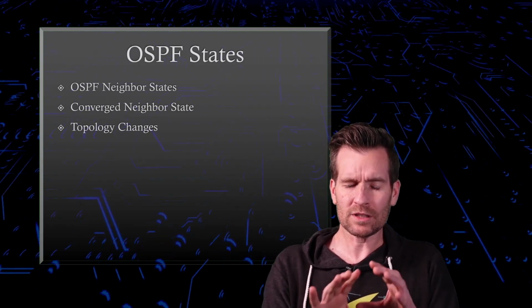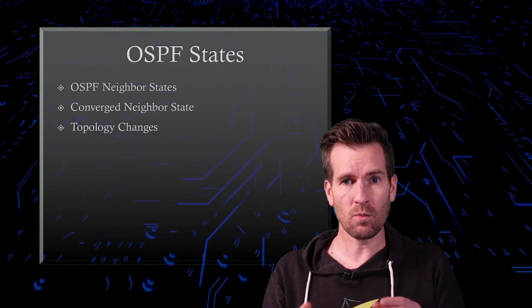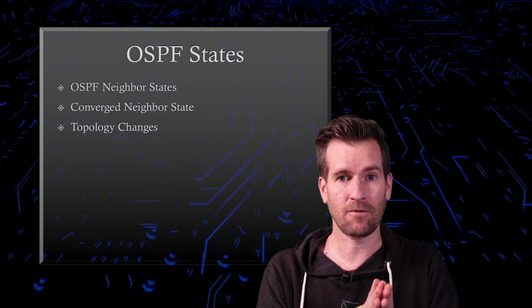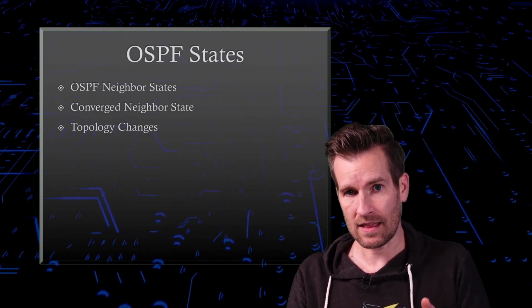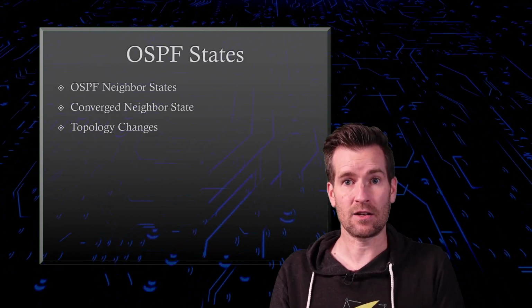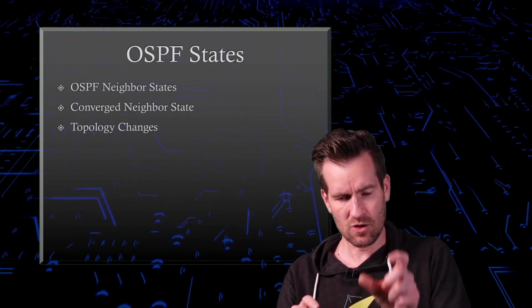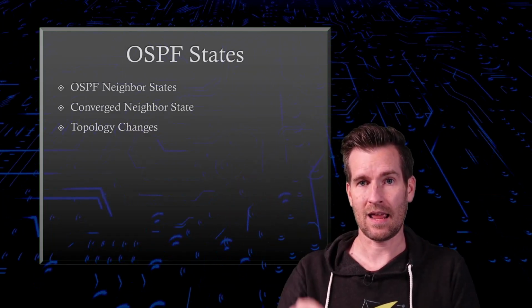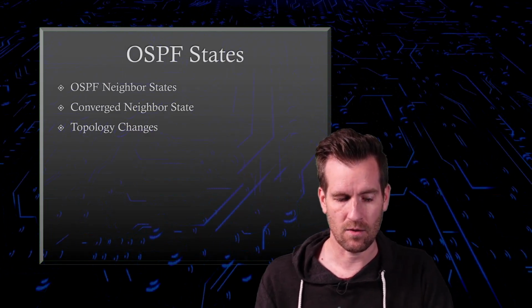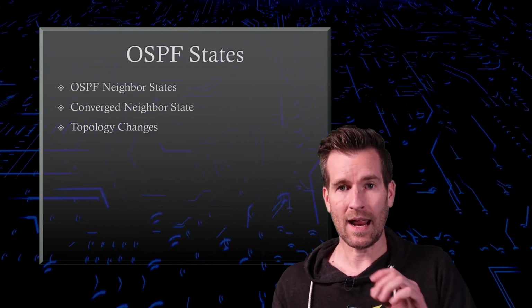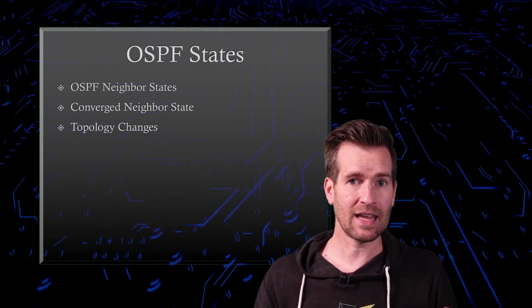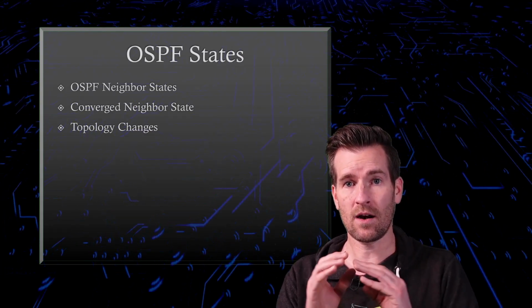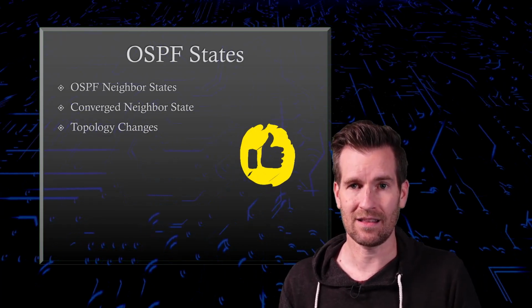And then what we'll see is if we do the IP OSPF neighbor, we'll see what states those are, and once it's fully converged, we'll either see that it's fully converged with that other device, or that it's in a two-way, which means that two-way is just between two DROthers and not necessarily between a DROther and a designated router or a backup designated router. And then we talked about what a topology change would look like and how everything gets communicated through the designated router, and the designated router then communicates that change out to the rest of the devices.